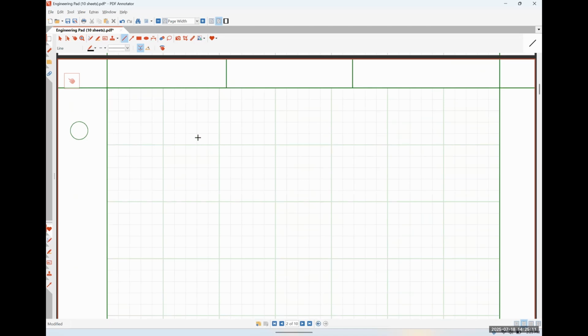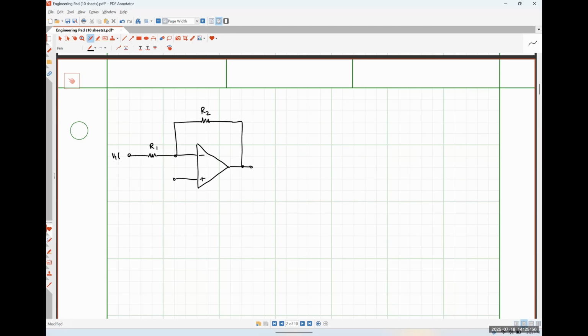Starting with my op amp itself, I've got my negative feedback path. Here, I'm going to call this R2. And here's a resistor that I'm going to call R1.